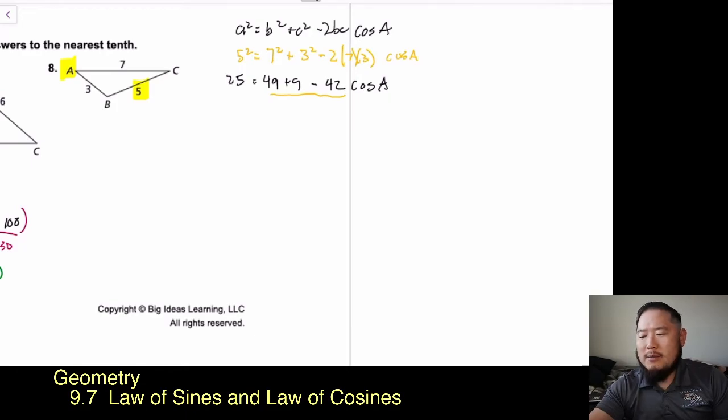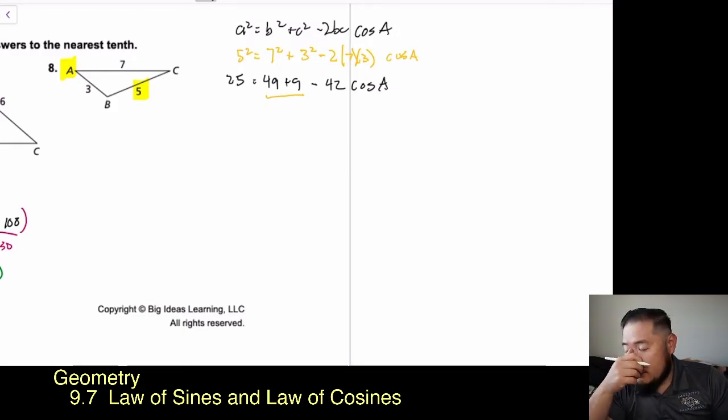It becomes problematic. So the only thing that you can combine right here on this side is this 49 and 9. Let me go ahead and take care of this right now. 49 plus 9 is 58. So what I'm going to do to both sides now is subtract 58.